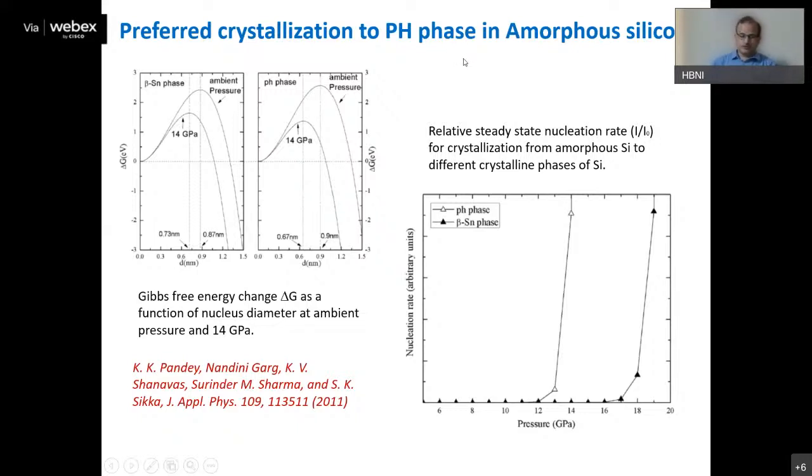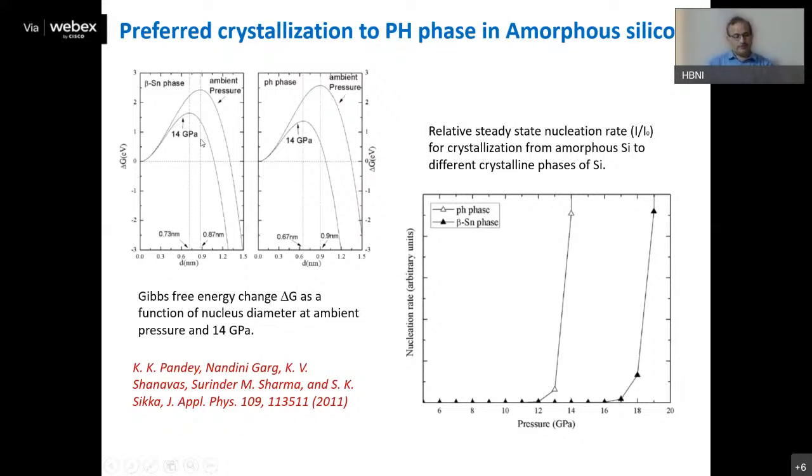So we wanted to explain why this preferably goes to the primitive hexagonal phase. We invoked this nucleation and growth process, and we calculated the activation energy barrier for crystallization to beta tin phase and to primitive hexagonal phase as a function of pressure. What we have shown in this paper is that as you increase pressure, the required activation barrier reduces more rapidly for primitive hexagonal.